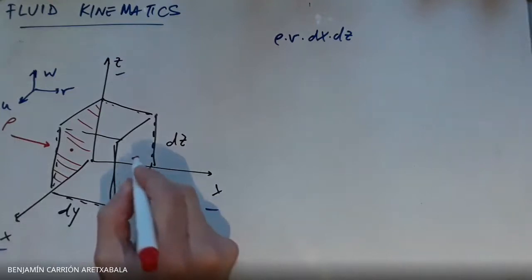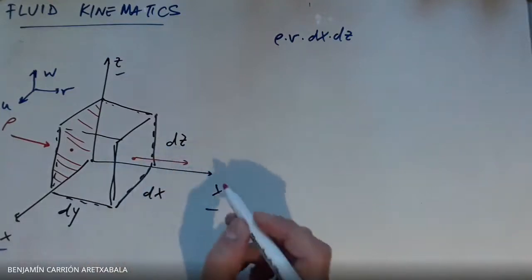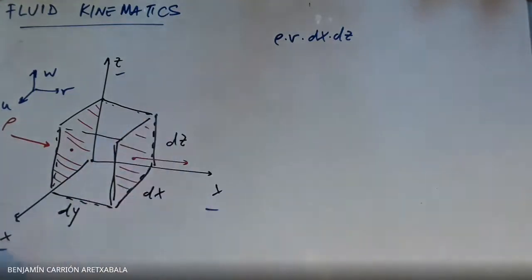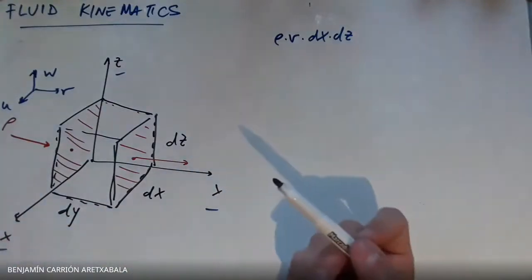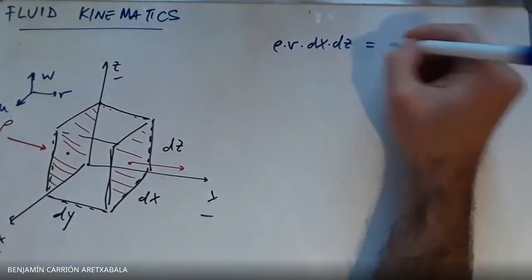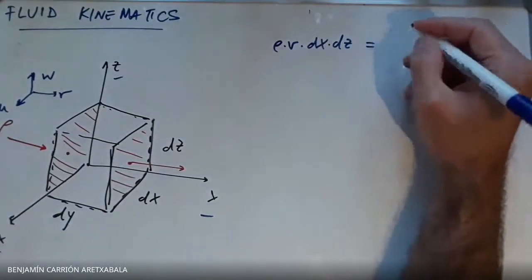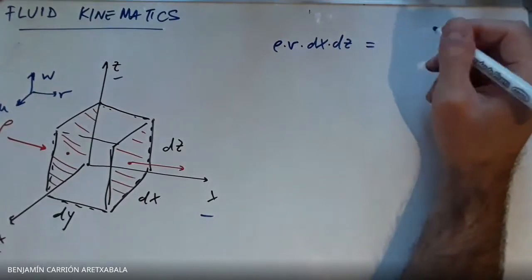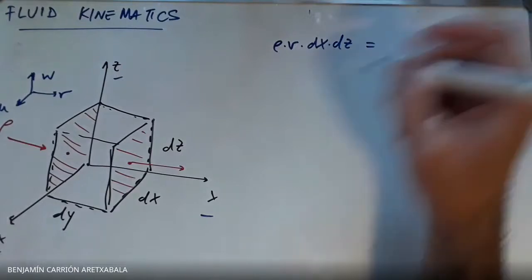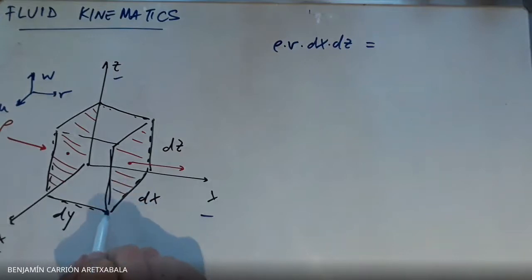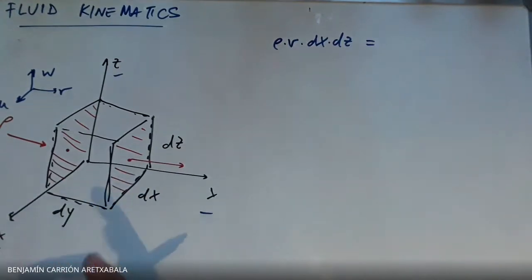And let's take this other side. Here we're going to have mass going out. The mass going out is going to be based on the velocity at this side, which again we can approximate using a Taylor series expansion.